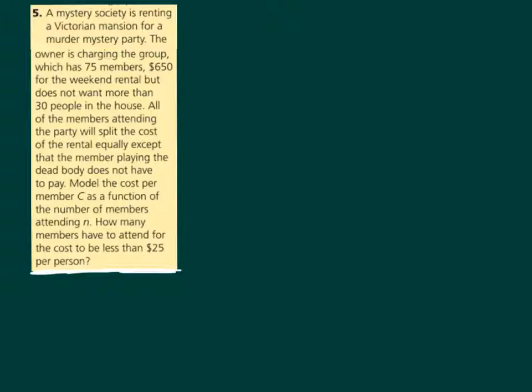The model. It's cost per person, right? So the cost per person, that's what capital C represents, is going to be the total cost, which they tell us. The total cost is $650. And to get the cost per person, you divide by the number of people paying. They tell us to use n, so how many people are paying?